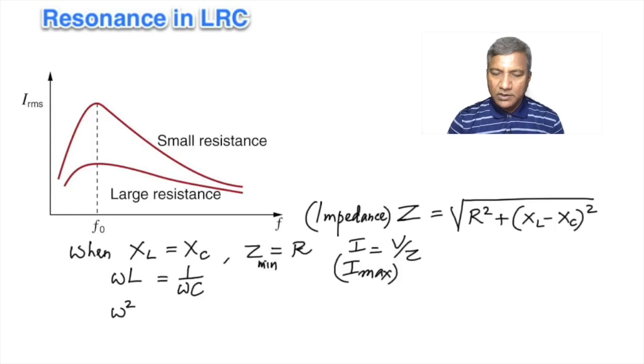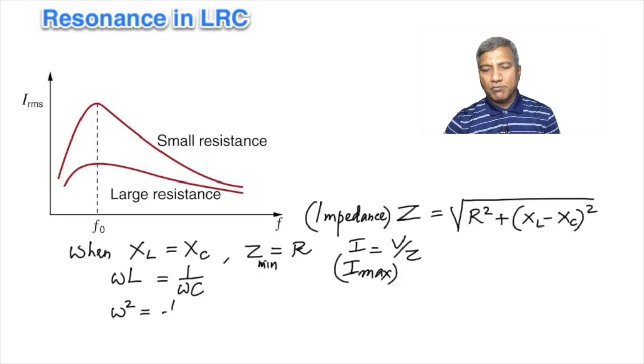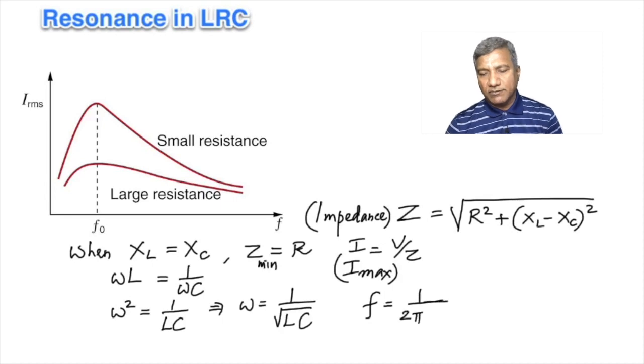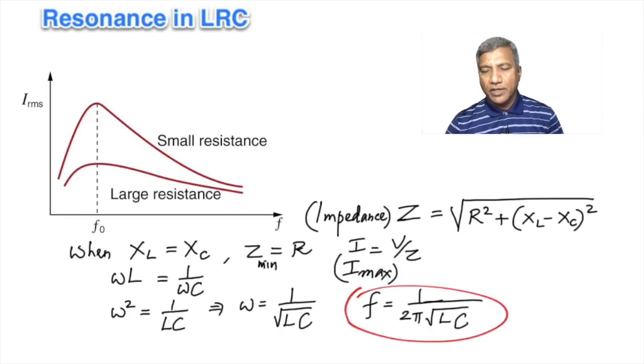But also, let me slow this down. Inductive reactance is omega L, omega times the inductor, and capacitive reactance is 1 by omega C. So now if you bring this omega to the other side, omega squared is 1 by LC, or omega is 1 by square root of L times C. But remember, omega is 2 pi times f.